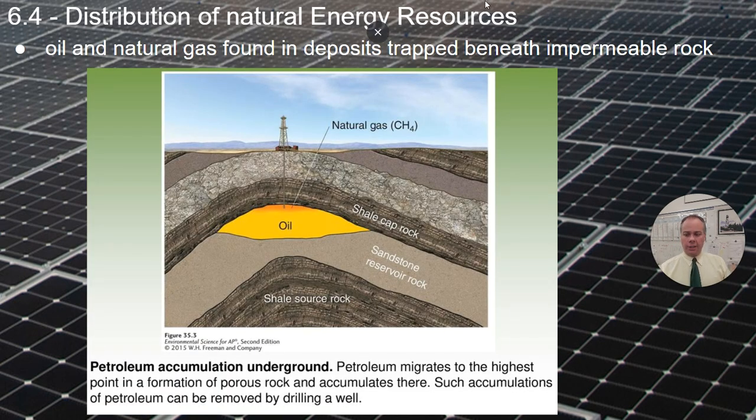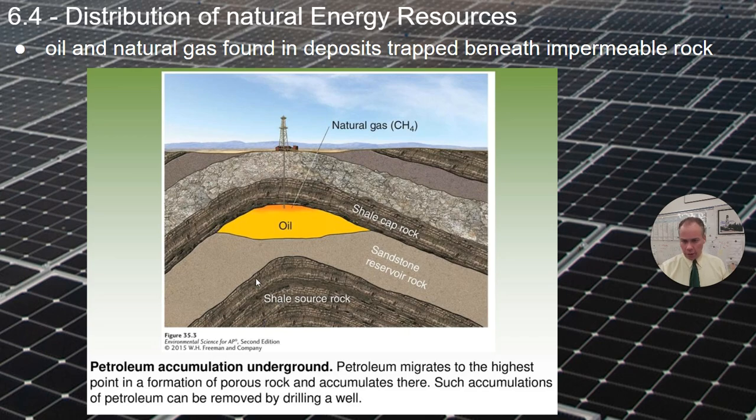And often what we see is an association between petroleum, crude oil, and natural gas. They're often found together in given areas. And what happens is that when we find oil, it's trapped in rocks. And we can see in this model here, we have the shale. Shale often contains fossil fuels in it.